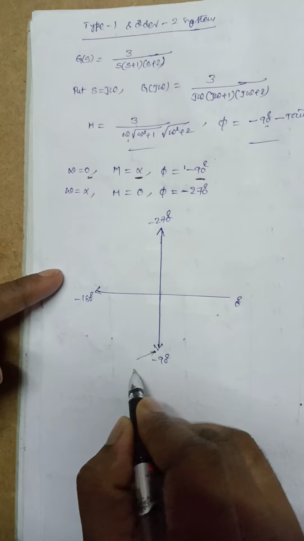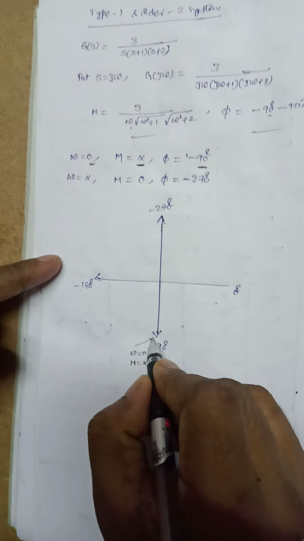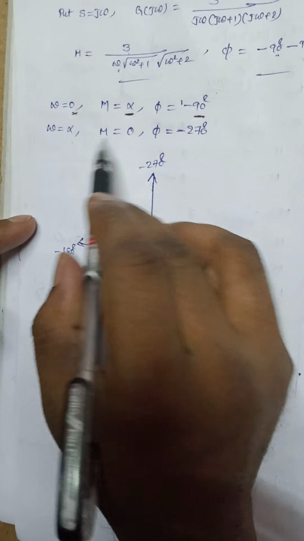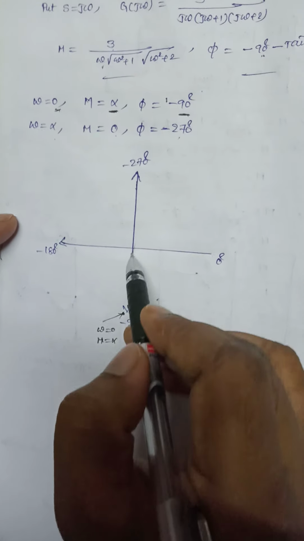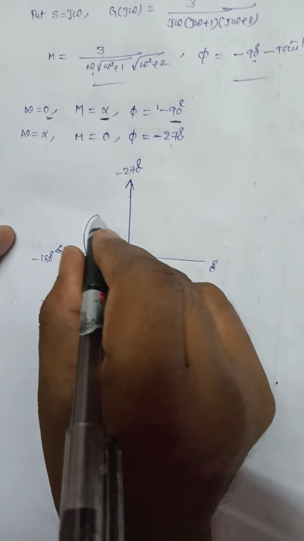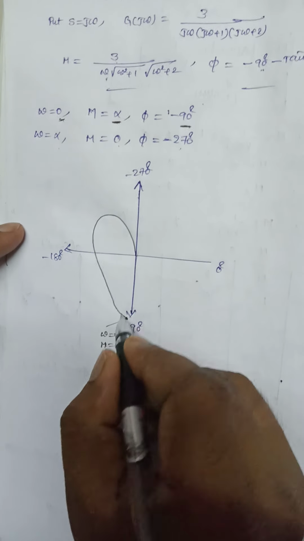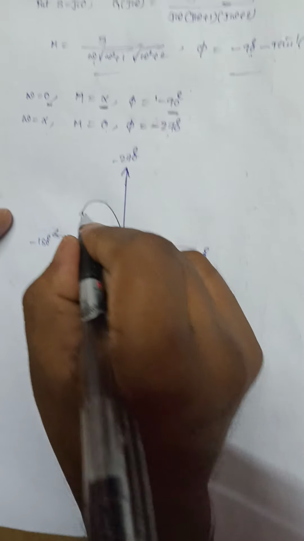That means at this point omega is equal to 0 and the magnitude is infinity, and it will end at omega is equal to infinity. That means the magnitude is 0 and the phase angle is minus 270 degrees. So this is the minus 270 degrees line, and this is the polar plot. It will be like this.